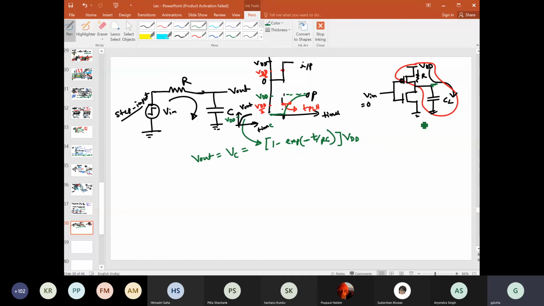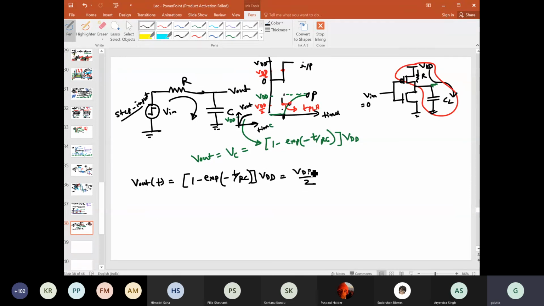So let us try to estimate that quickly. This is quite easy. V out of t is basically (1 minus exponential of minus t by RC) times VDD. And from the definition, we have to calculate where this voltage will become VDD by 2, right? So this V out is now VDD by 2.